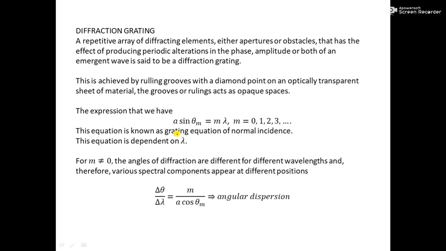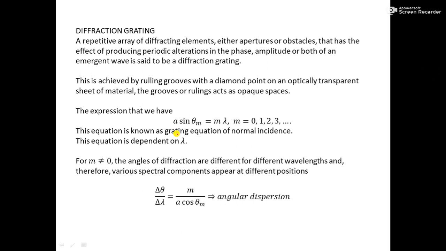Thus, by measuring the angle of diffraction for various colors, we can determine the wavelength using the proper order of diffraction. That is, by using the proper value of m, we can find the value of lambda by measuring the values of theta.